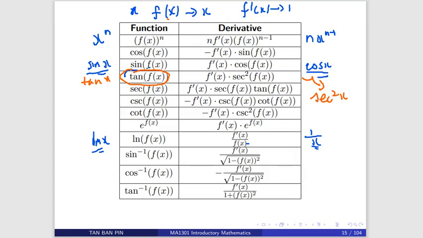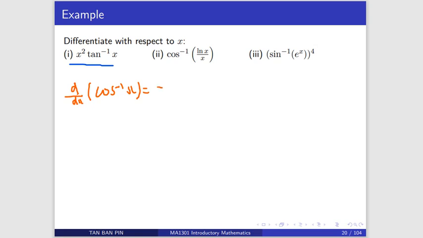Remember, the derivative of cosine inverse f(x) is minus f prime x over square root of 1 minus f(x) squared. Just replace f(x) by x, f prime x is 1. So it's minus 1 over square root of 1 minus x squared.